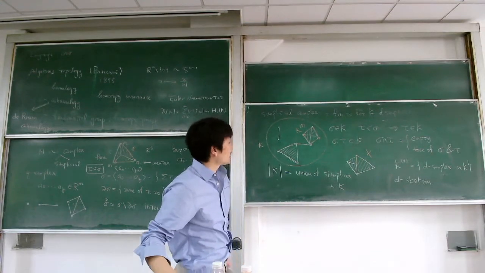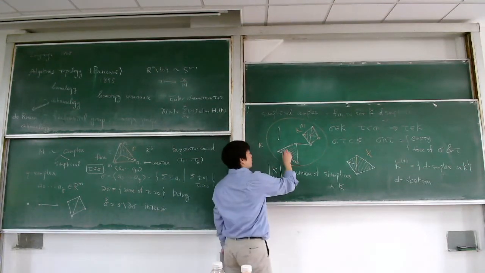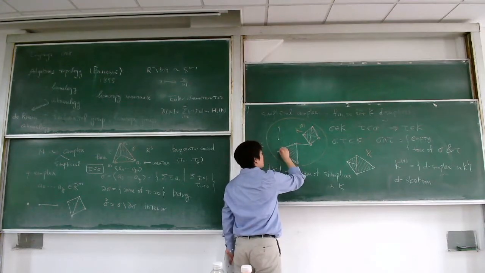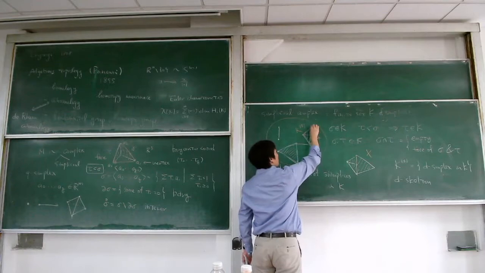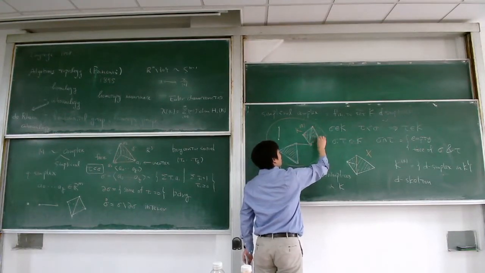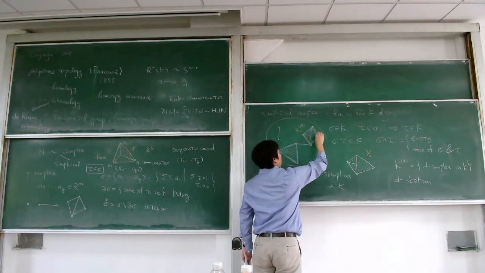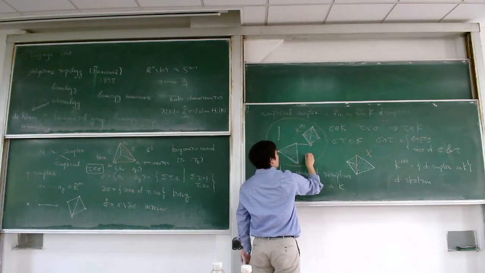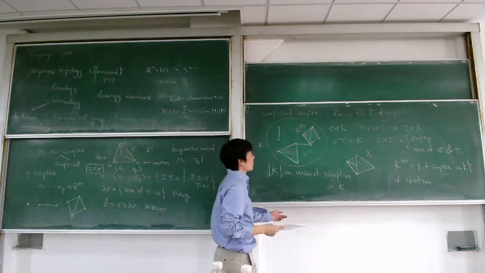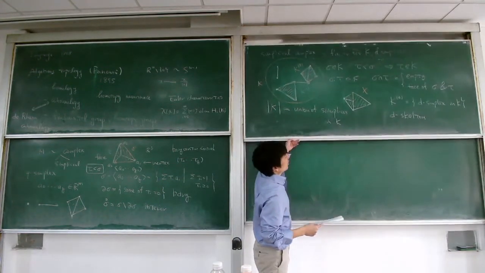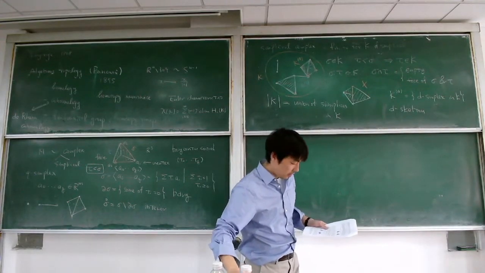There are 2-skeletons: this one is a 1-skeleton, and this one is a 2-skeleton, and also this one is a 2-skeleton, and so on. Very simple so far.